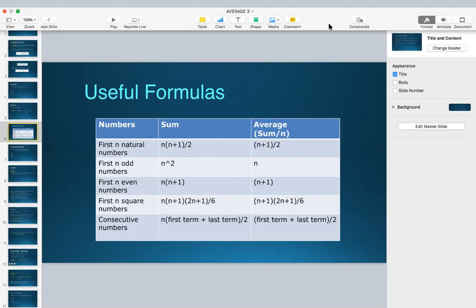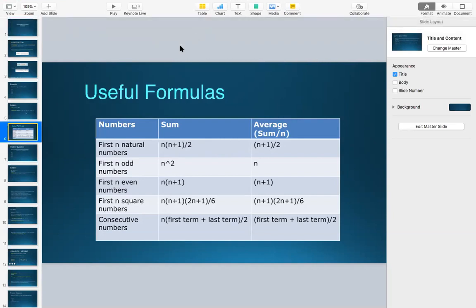Okay guys, now I'll discuss the solution. I asked you to find out the average of first 100 multiples of 7, right? If I talk about some of the initial numbers, they are 7, 14, 21, 28, 35, 42.